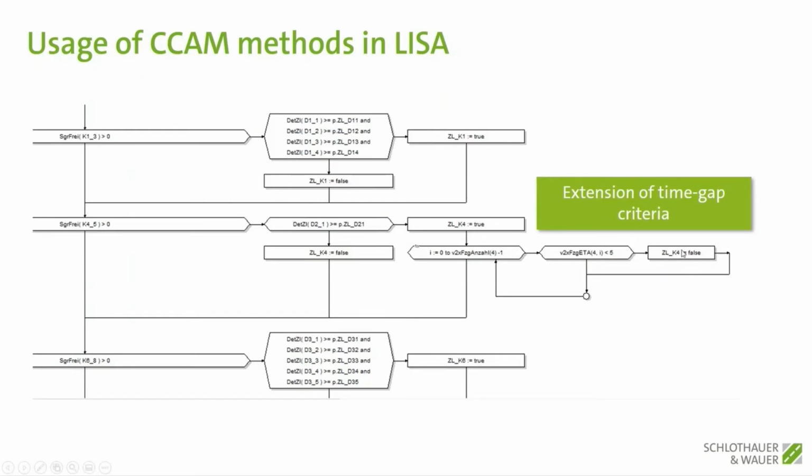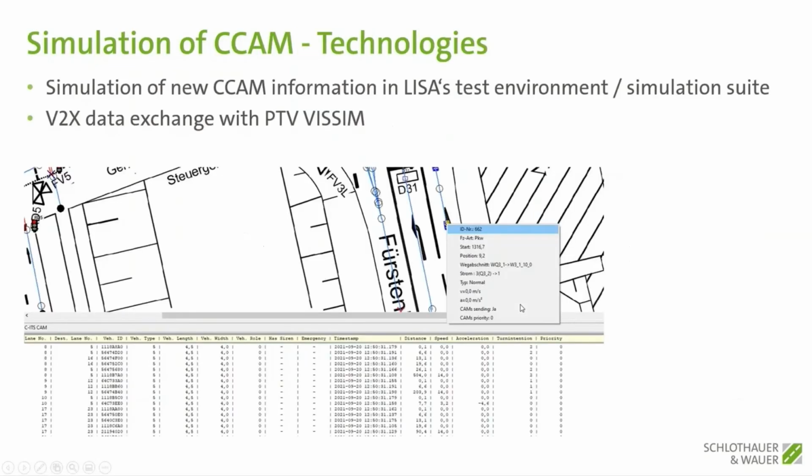So we set that value to false. And then we will make sure that the car which is detected here will also join the intersection at green. So this is just an extension of a given control by CITS, new CITS functions.